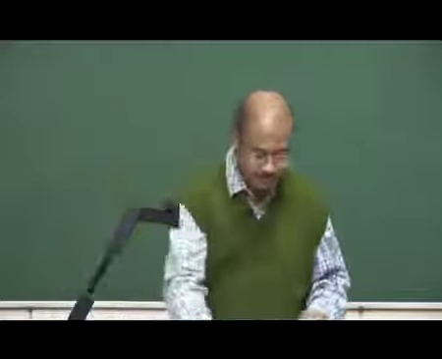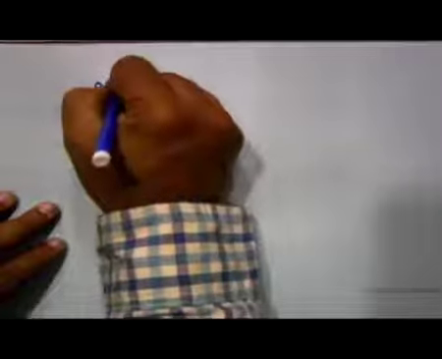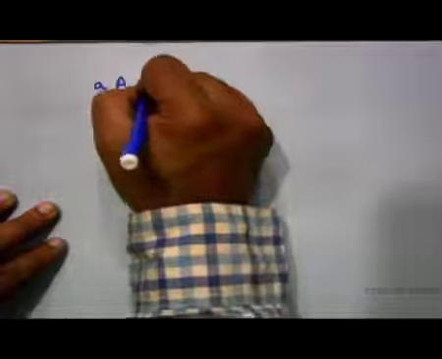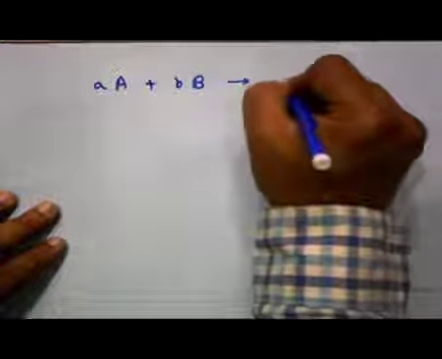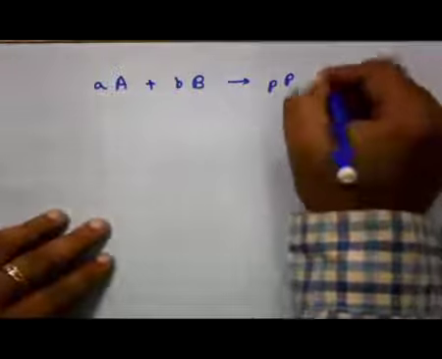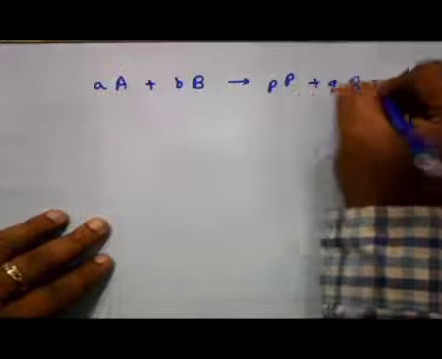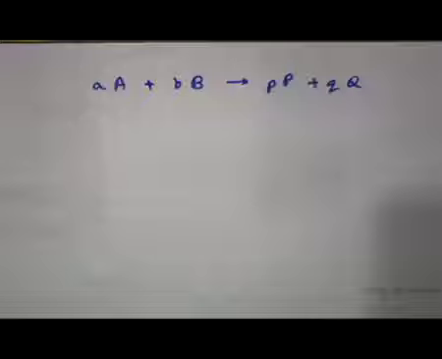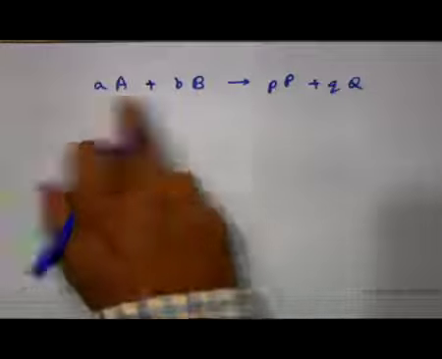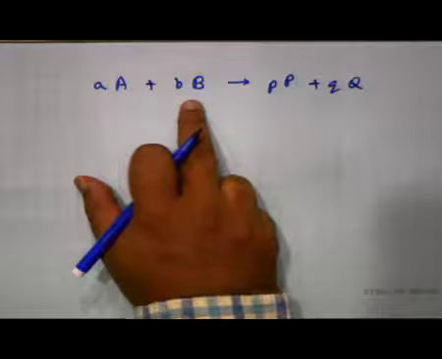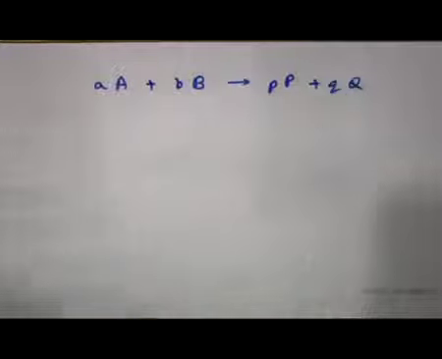The reaction can be written like this: A plus B giving us the products P plus Q. A and B are the reactants, P and Q are the products, small a, small b are the stoichiometric coefficients of the reactants, and small p, small q are the stoichiometric coefficients of the products. Good.